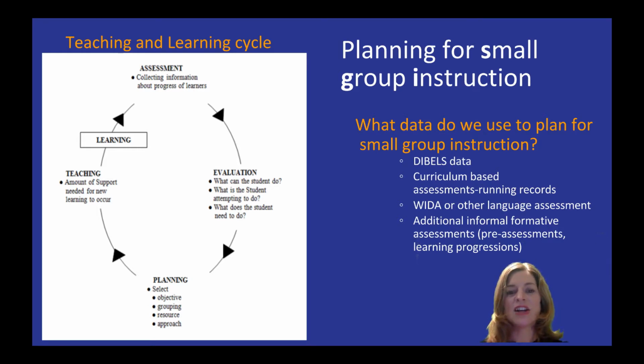So taking all of those things into account as you're planning for your small groups and thinking, okay, what are these students doing well? What is the student attempting to do here? And what do the students need to do to move them to the next level? And so setting that clear objective and asking yourself, okay, I'm going to be focusing on this group needs some of the foundational skills, and I'll be focusing on phonics or word work, phonemic awareness.